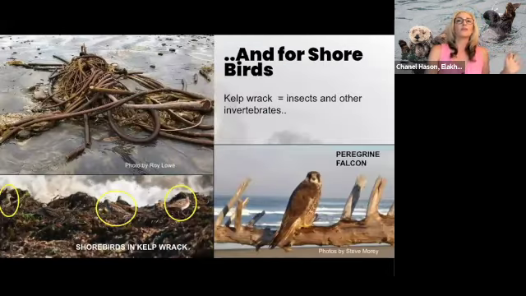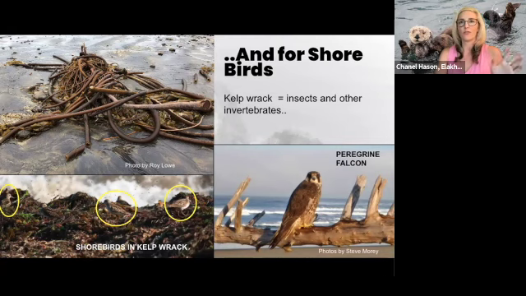It also helps with the birds on the shoreline, because when bull kelp and detritus and so forth washes ashore, bugs and little invertebrates go crazy, and it's a perfect habitat for all those little shorebirds to feast away, and also some predatory birds too, like the peregrine falcon and eagles, and hopefully the California condor will visit our coastline soon too.